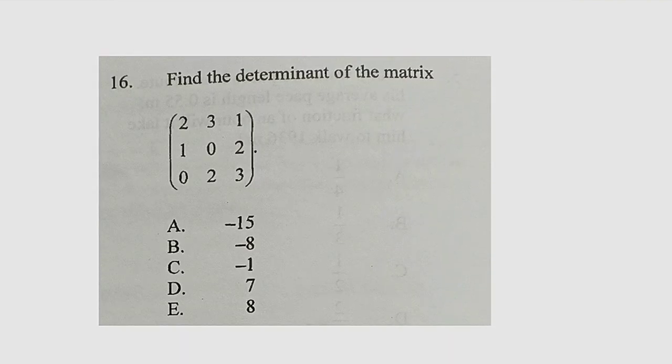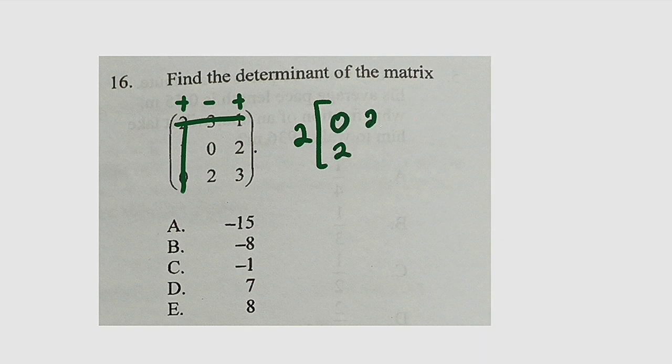We are asked to find the determinant of this matrix. Before you start, you should assign signs. The first term here should be positive, the second one should be negative, and the last one should be positive. So you take plus 2, then you form another matrix by deleting this row and this column, which is going to give us 0, 2, 2, 3, right?